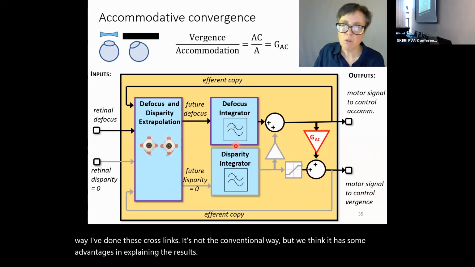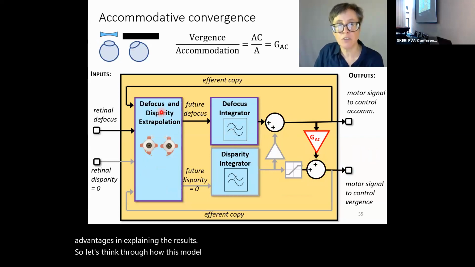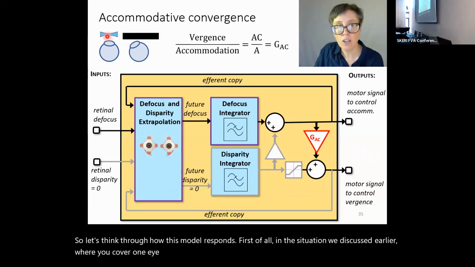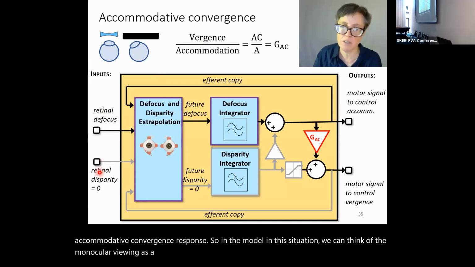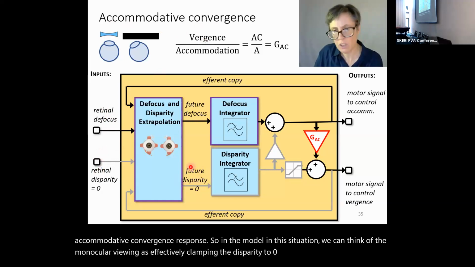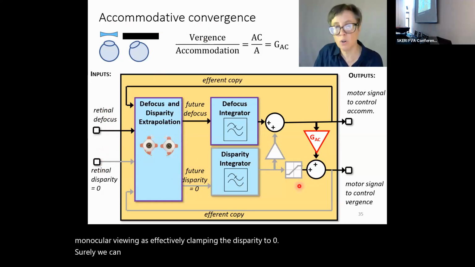So let's think through how this model responds, first of all, in the situation we discussed earlier, where you cover one eye and change the stimulus to accommodation, and you observe an accommodative convergence response. In the model, we can think of the monocular viewing as effectively clamping the disparity to 0. So really, we can just ignore all the disparity-related parts of this model.